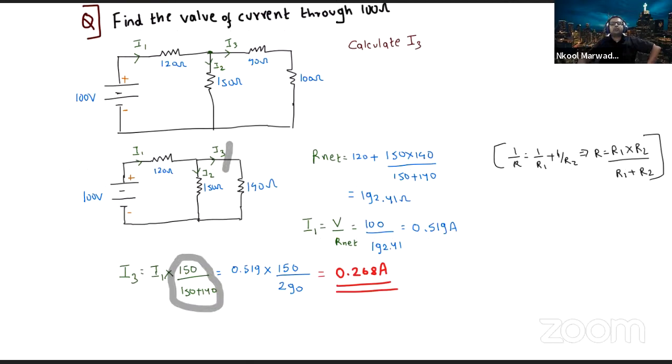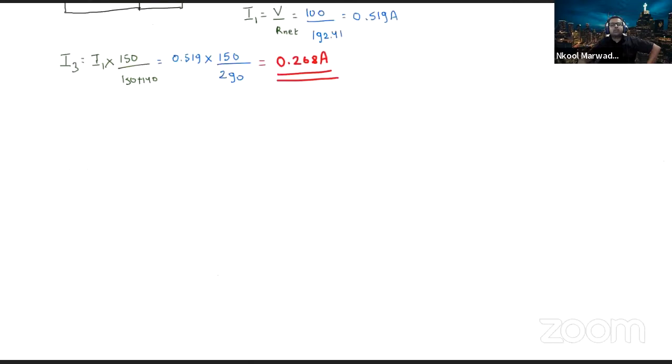For I3 the resistance is 140, so we are not interested in that. We are interested in the other resistance, which is 150. So I1 into 150 upon total resistance. This is the formula, you have to remember it. There is a derivation for that, but we are not interested in all that, because ultimately in the question you have to solve the numerical.